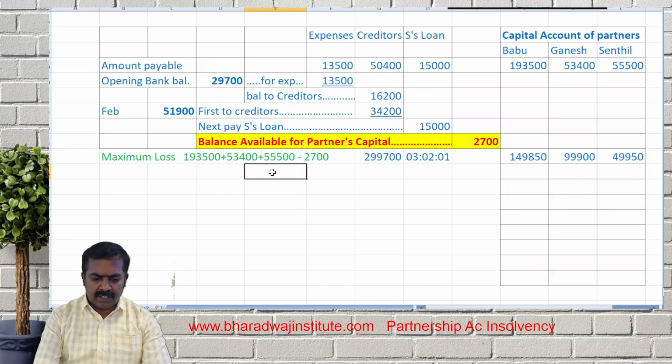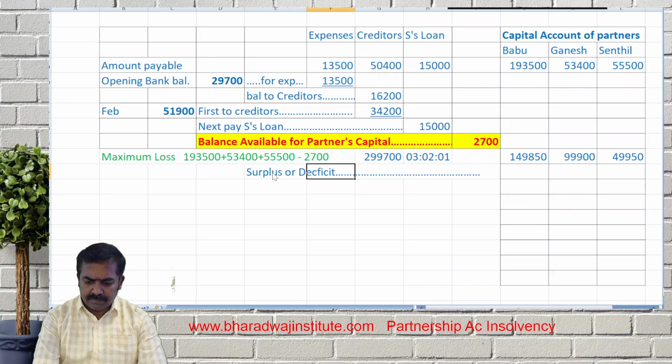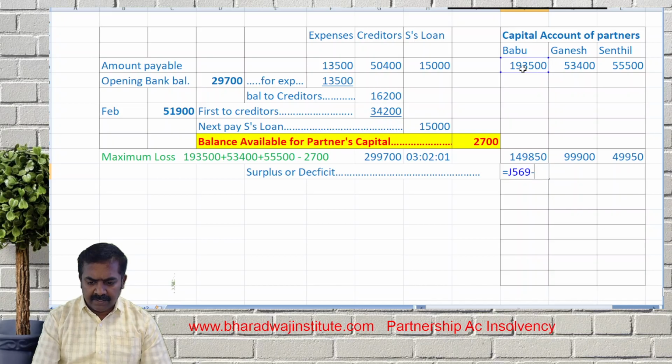So surplus or deficit you will get. 193,500 minus 149,850.